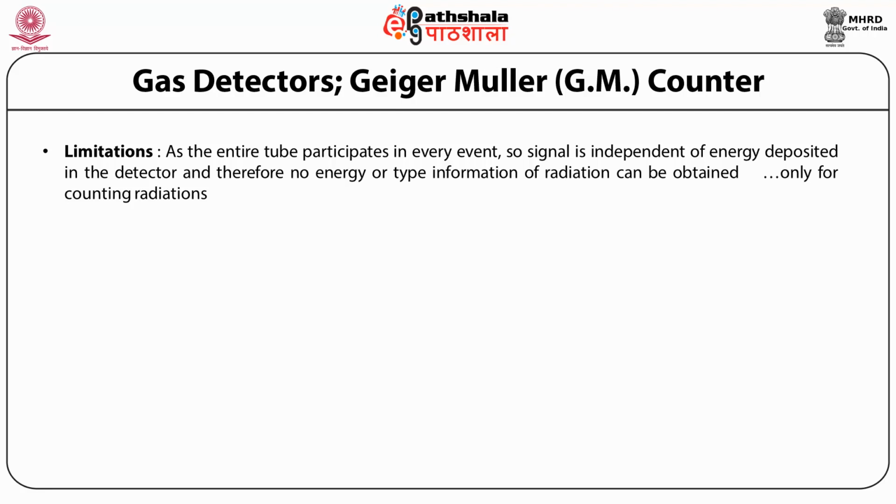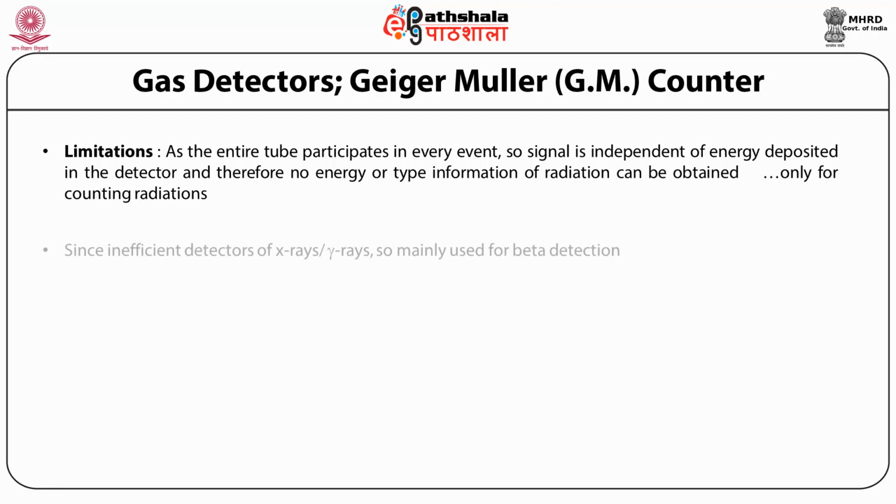So corresponding to every energy or type of radiation, 10 to the power 10 electrons get collected on the anode. So the number is fixed, and the output voltage of the GM tube is of fixed height, that is, fixed amplitude. So no energy information can be obtained for the incoming radiation using these tubes. We can only count how many interactions are happening.